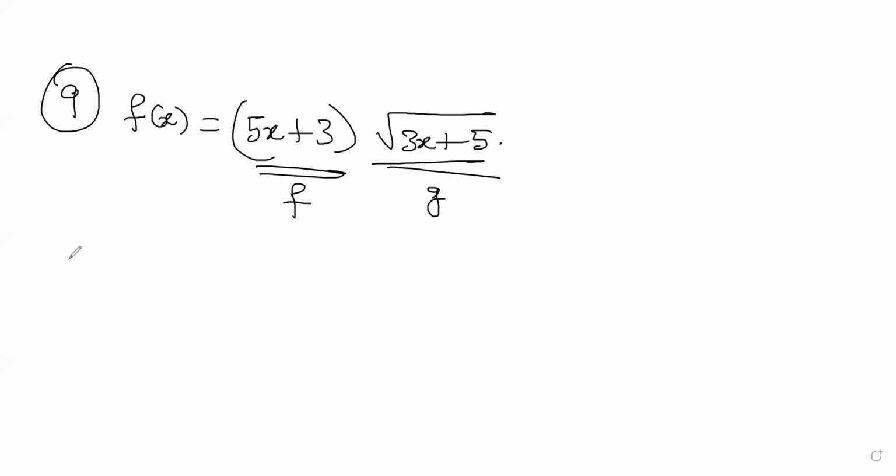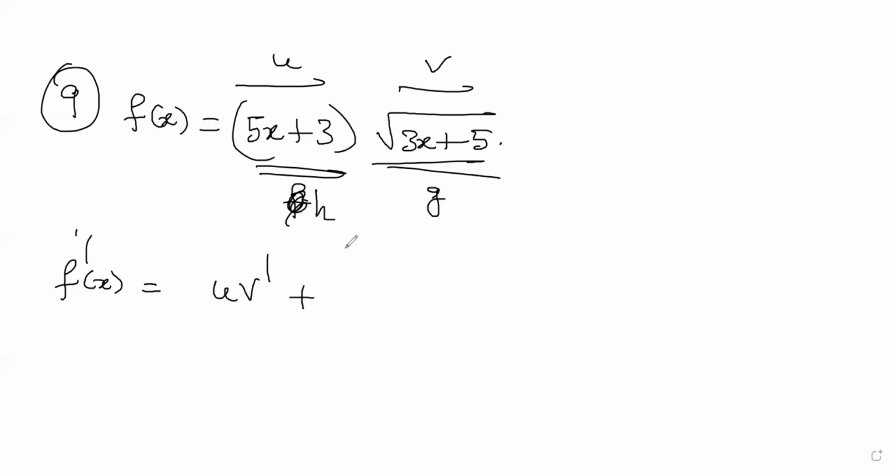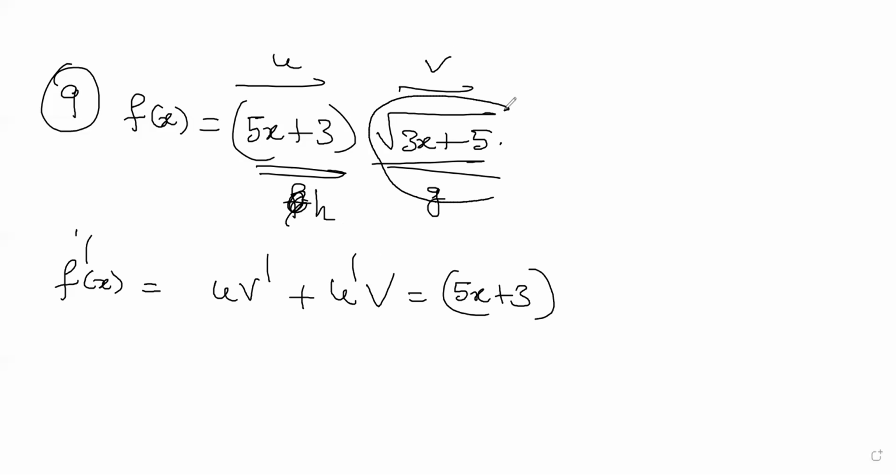First, what we have to find is f dash x. So we will call this some h and g. Normally they use u v in your book. So we'll do it like that, if you're comfortable with that. u v dash plus u dash v. This is what we'll use. And what is u? u is 5x plus 3. And v dash is the derivative of 3x plus 5.